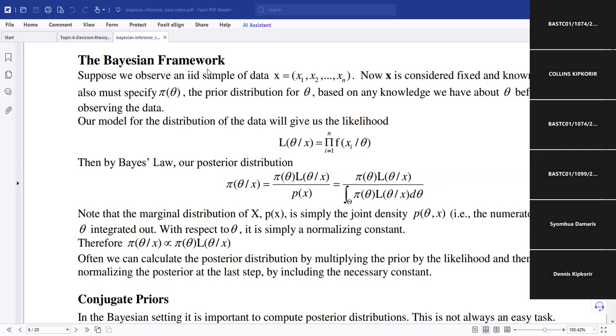No, I'm okay. Okay. Then who is left? 1074? Oh, 1074 is the same person. Yeah, he joined twice. That is Elliot.